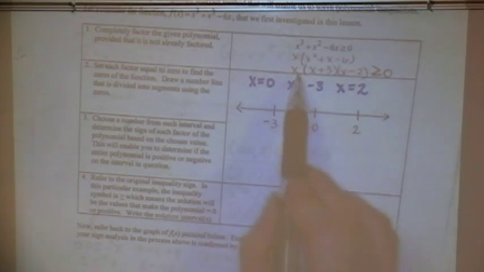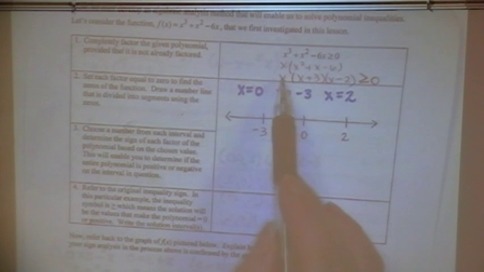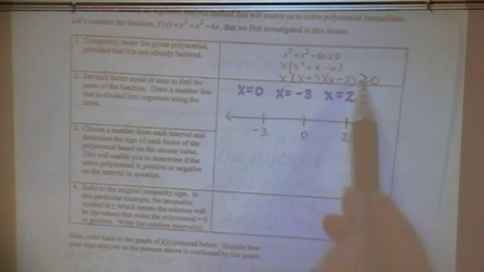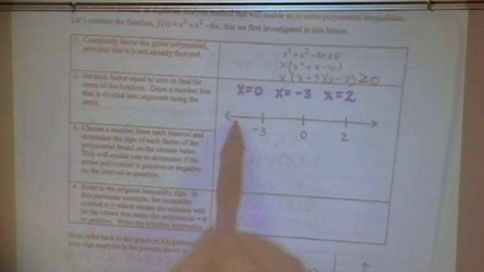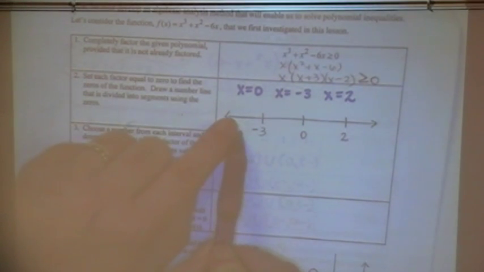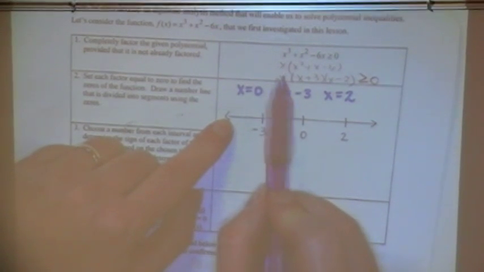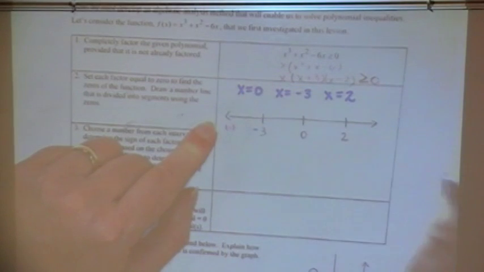So, you just go piece by piece. So in this case, when I factored it, I factored this into 3 separate pieces. So I just need to determine whether it's positive or negative for each piece. So I'll show you what I mean. For this first area, right here, let's use -4 as our number. Well, if I plug a -4 right here for x, that little piece comes out to be negative. So I'm going to write one little negative sign in instead of parentheses.